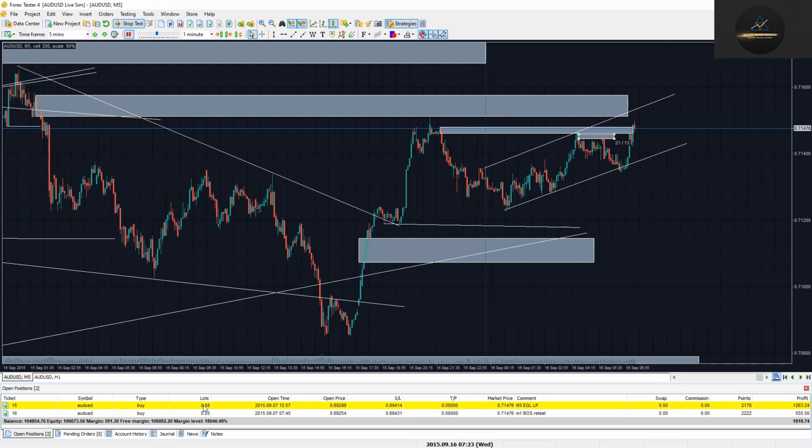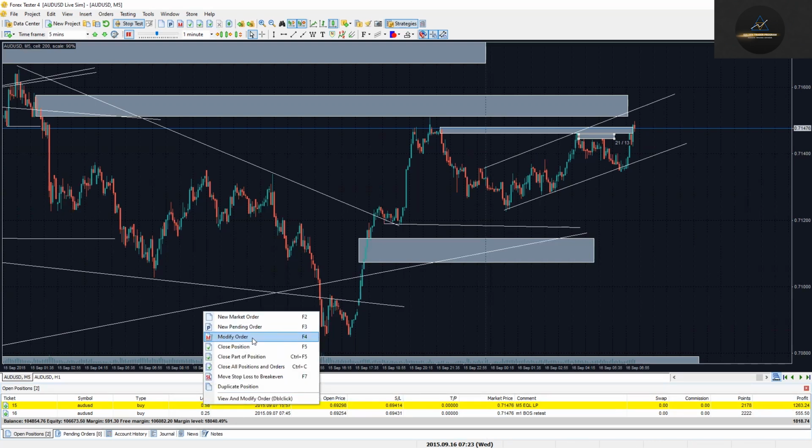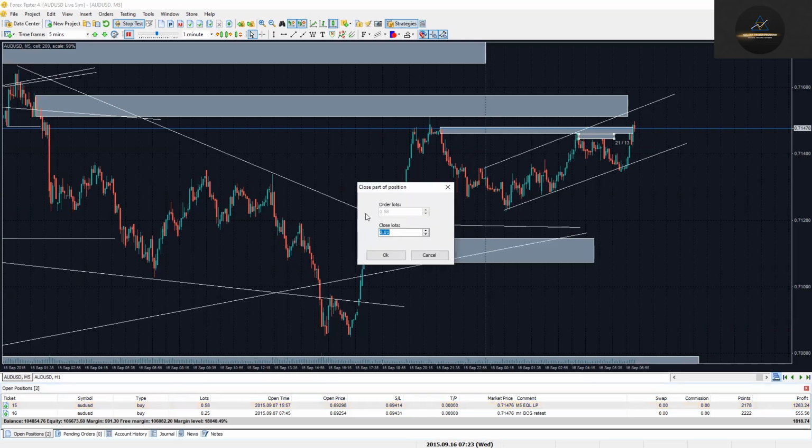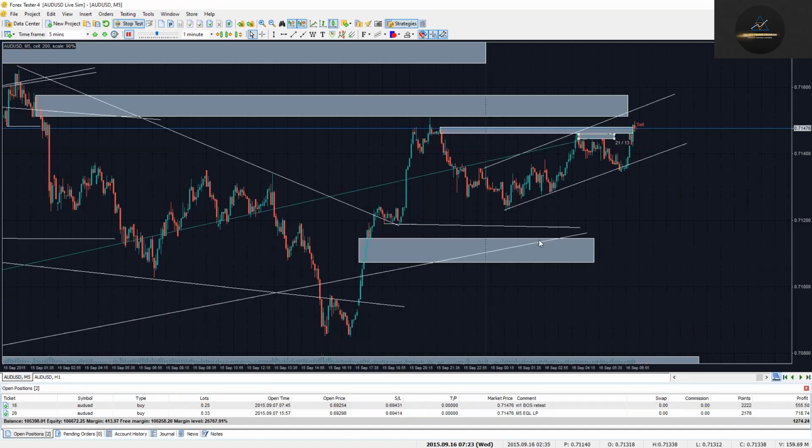So I'm gonna bank some profits because we're at elevated levels. I'm getting a short signal. So here I'm gonna bank 25. Yeah, here we go. Good TP. Let's leave it as that.